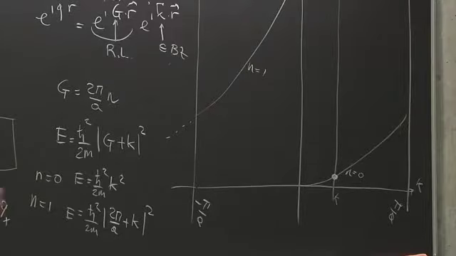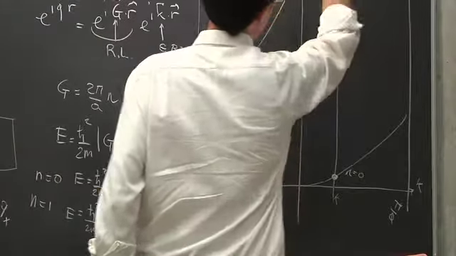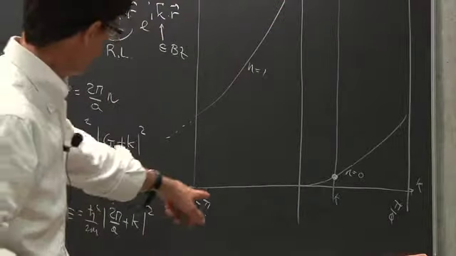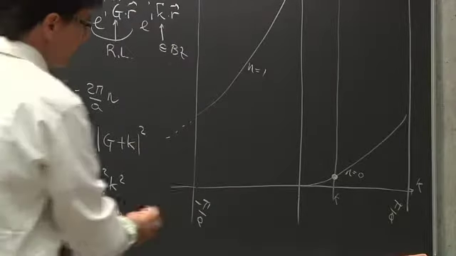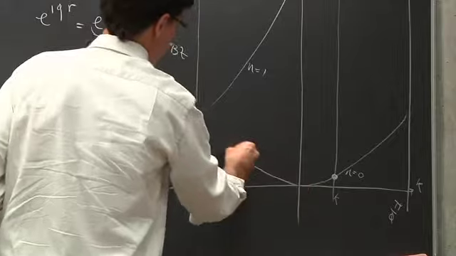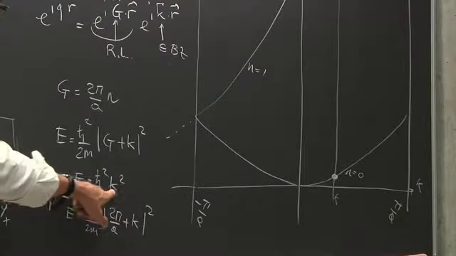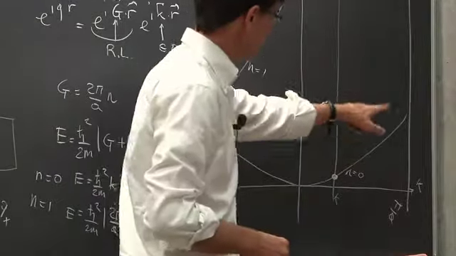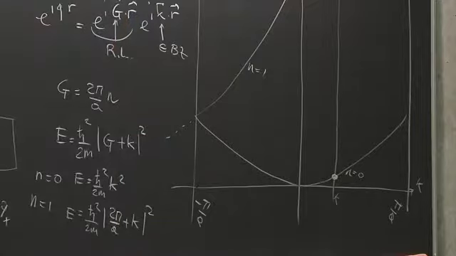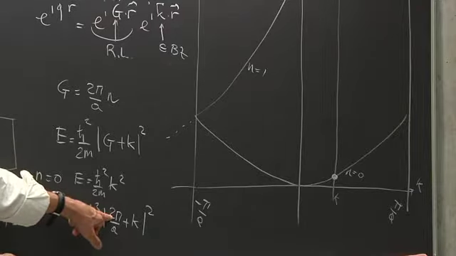Of course, it goes all the way up. And similarly, I forgot to mention that n equals 0, k squared, actually extends also to negative values, because this is a parabola. So it's all n equals 0. What if I take n equals 2? n equals 2 becomes 4π over a.